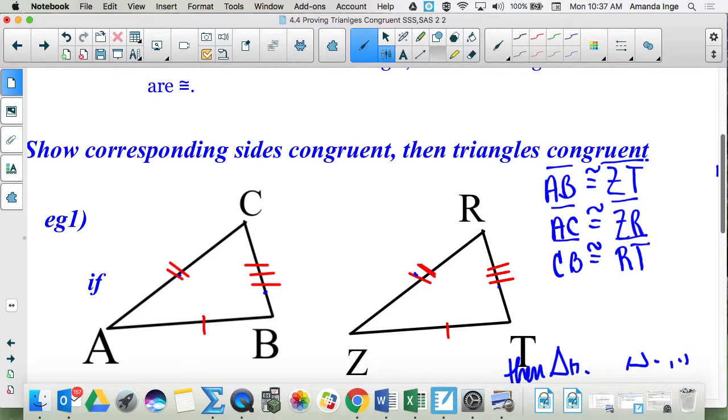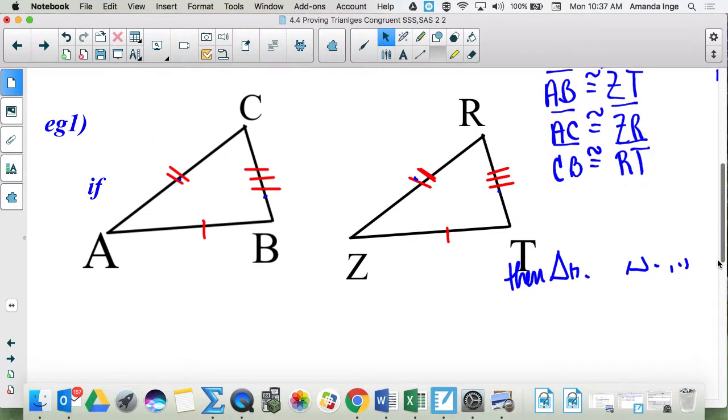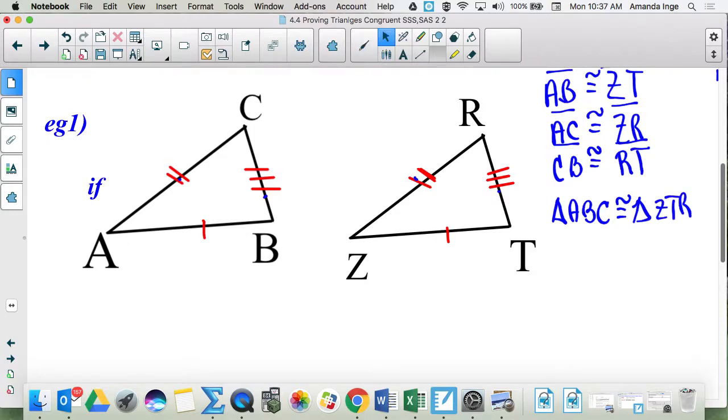So because the corresponding sides are congruent, then the triangles are congruent. So I could say that triangle ABC is congruent to triangle, well, I started with A and I went to B, so I'll have to say ZTR. Everybody good on that one? Those are easy. Okay.